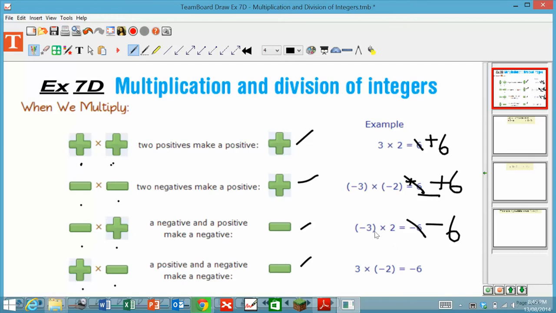Then I just look at my numbers and multiply them together to get my final answer, because I've already dealt with the signs. Here I've got a positive 3 and a negative 2, so a positive and a negative gives me a negative. I'll write a negative, and then I'll just say 3 times 2, which is 6. That's the easiest way to deal with these types of problems.